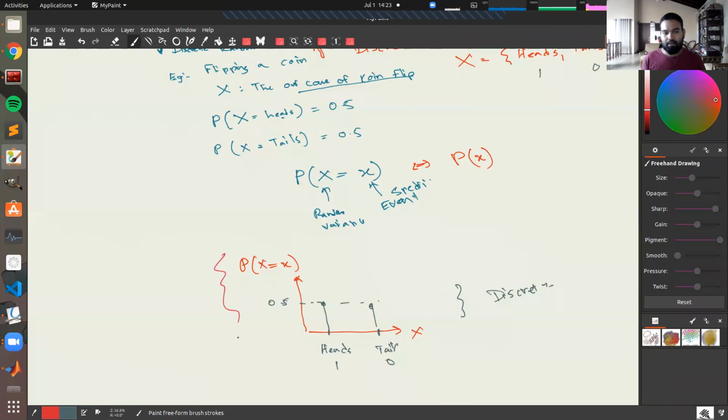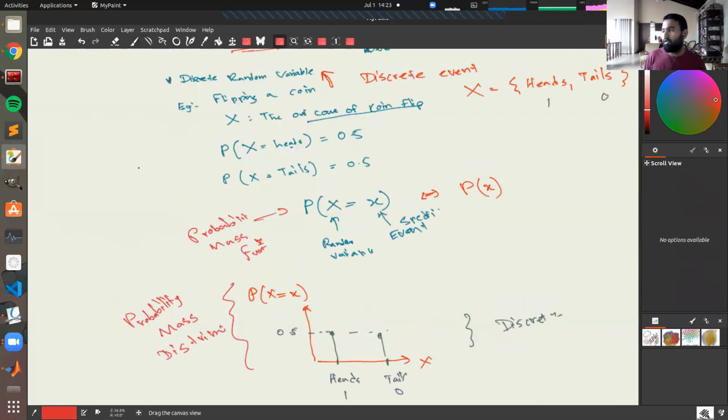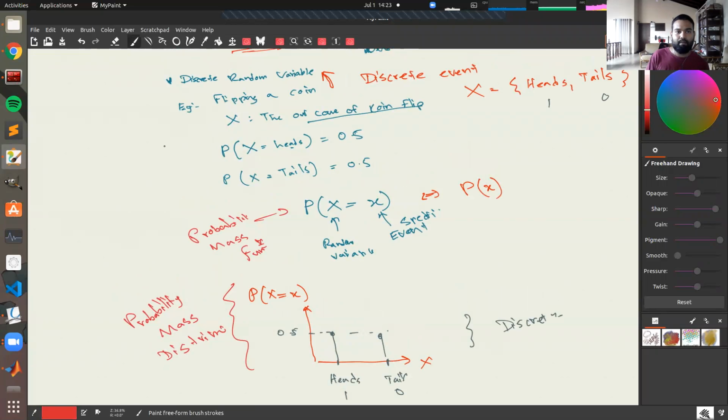Also, this distribution, P of X equals small x, is called a probability mass distribution, or a probability mass function. It's a probability mass function in the case where it's discrete. So remember, we're dealing with discrete random variables.